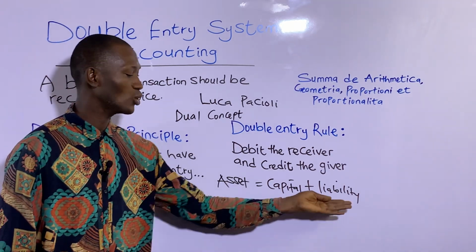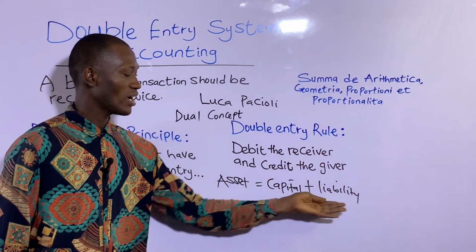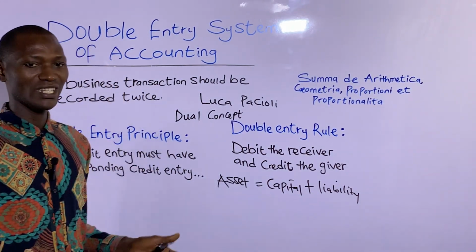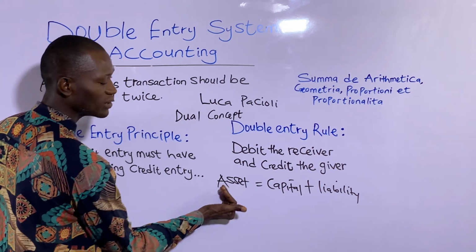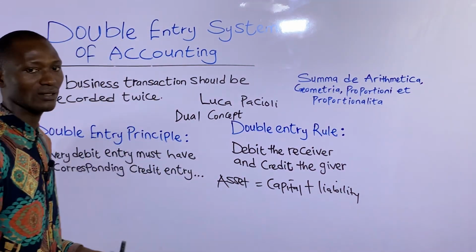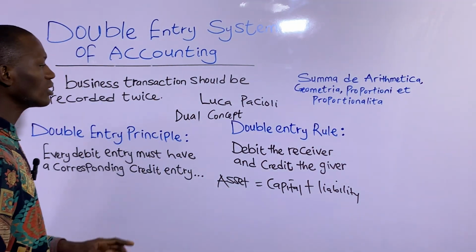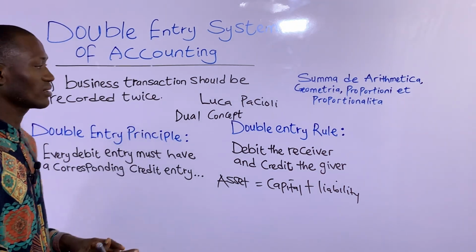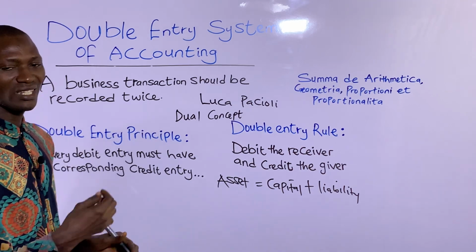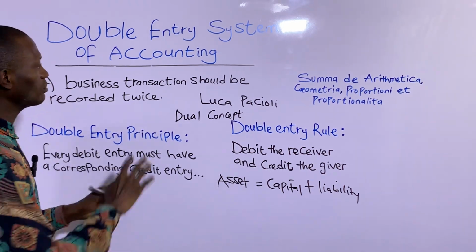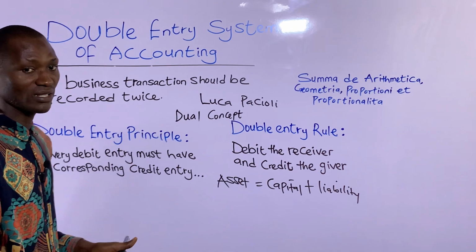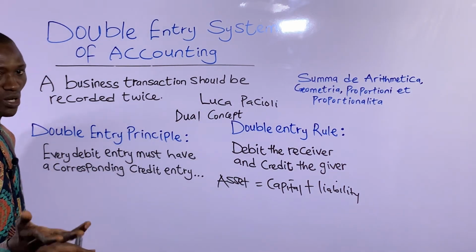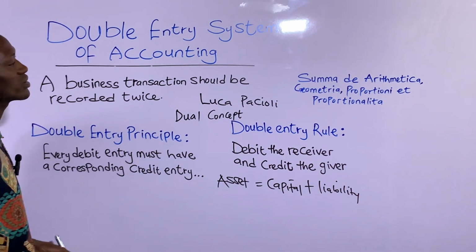These are the two entries that must be passed in every business transaction. That's basically that. So having understood the double entry system of accounting, let's talk about its components, because the double entry system only talks about recording a business transaction twice. We have just two components of the double entry system of accounting.